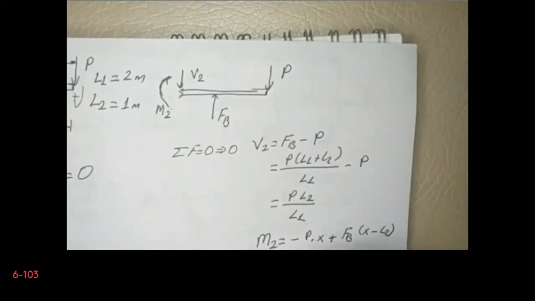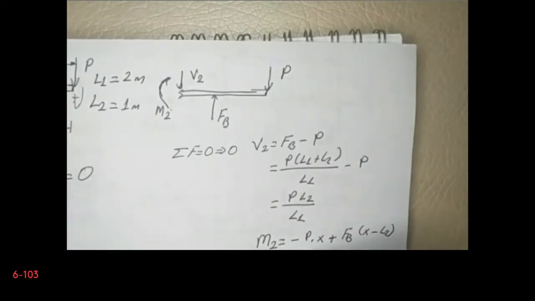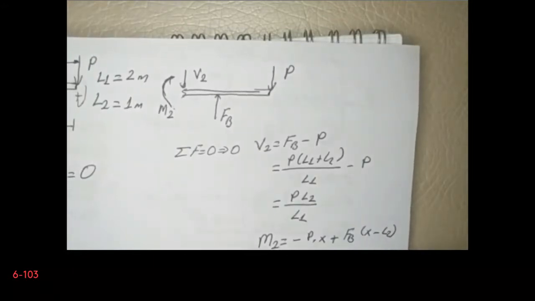So let's write M2 in an open form. It is minus P multiplied by X, and FB is equal to P multiplied by L1 plus L2 divided by L1, multiplied by X minus L2.